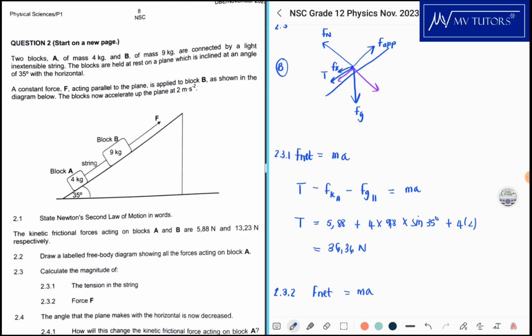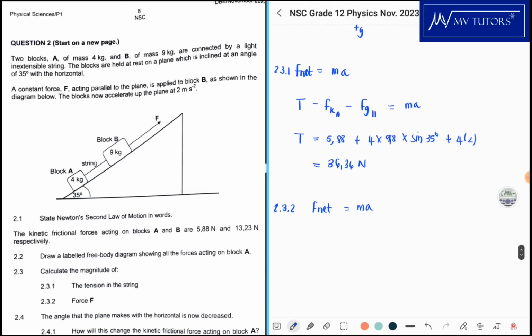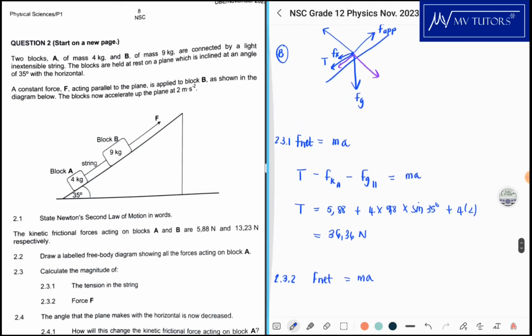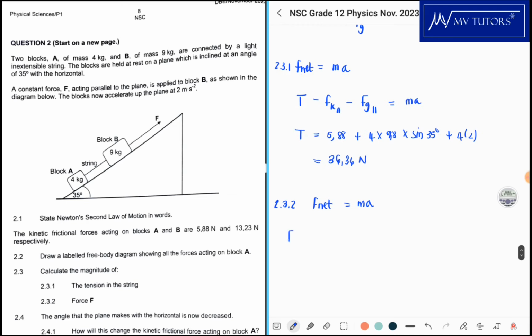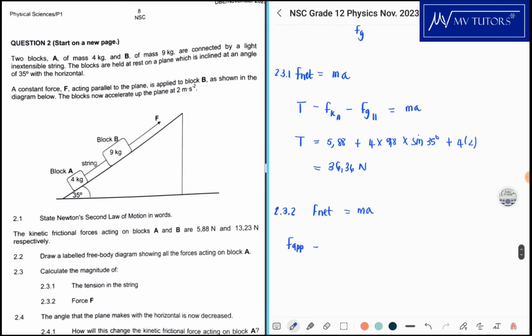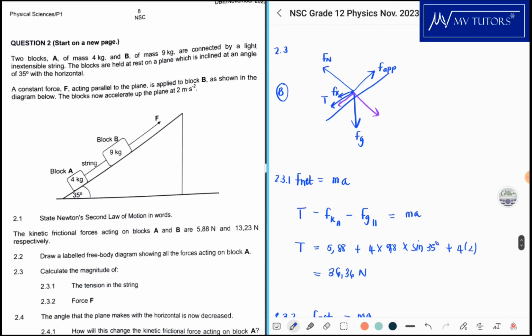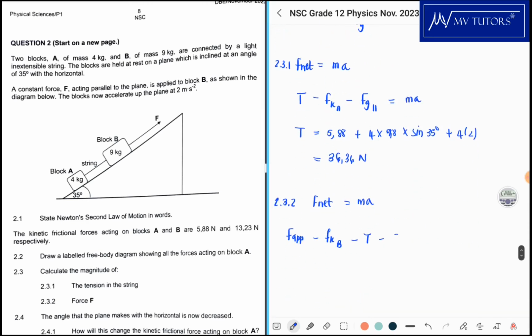Minus the frictional force, minus the tension, minus the parallel component of the gravitational force. Okay, so let's write it down. We have the force applied minus the frictional force for B, minus the tension, minus the parallel component, that is equal to mass times acceleration, and we're looking for force applied.